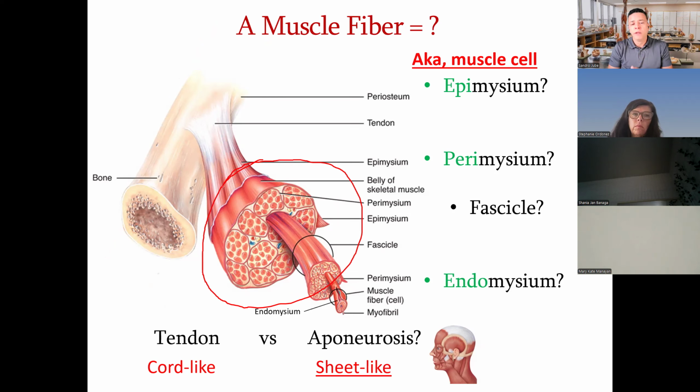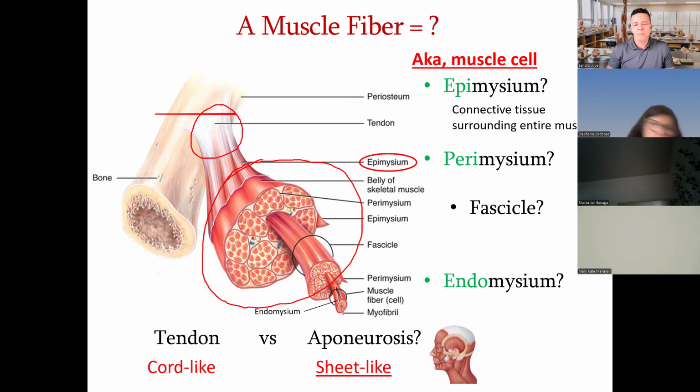And the muscle bundles are wrapped by a connective tissue, which we can see here is an extension of the tendon. And this connective tissue is what we call the epimysium. So the epimysium is the connective tissue that surrounds the entire muscle bundle and keeps it together.